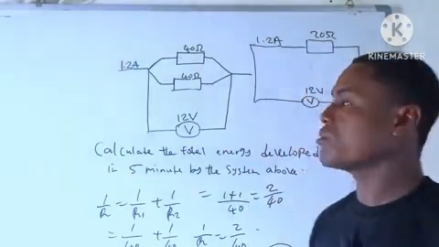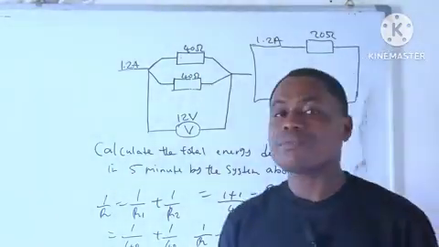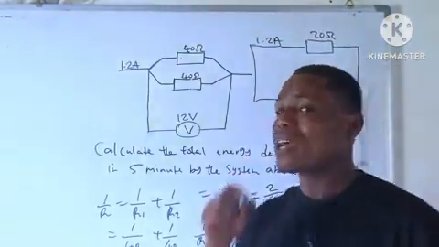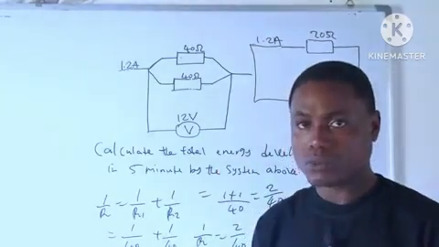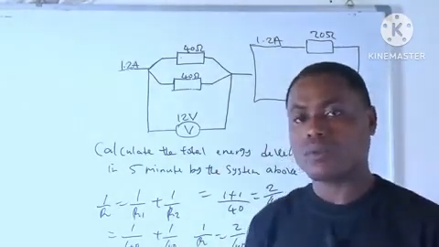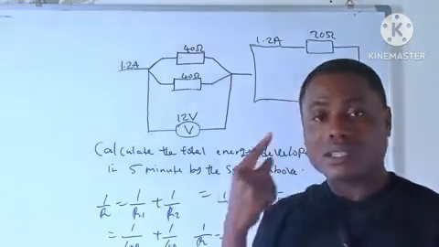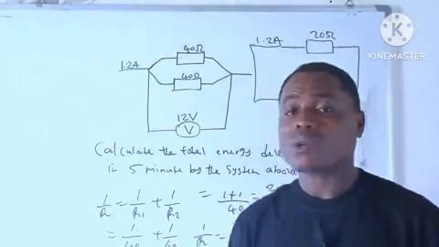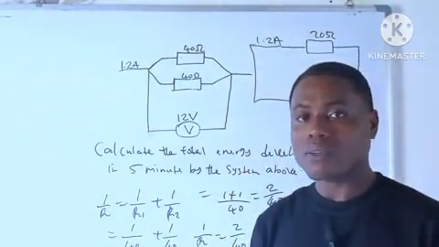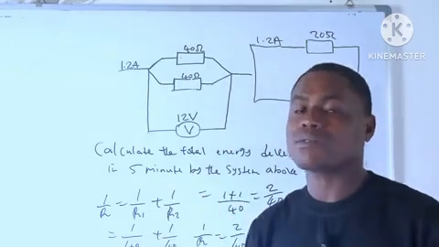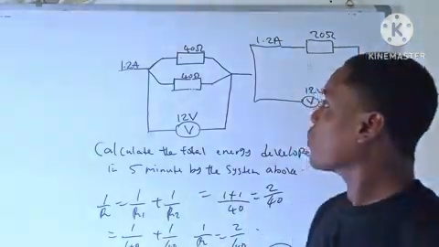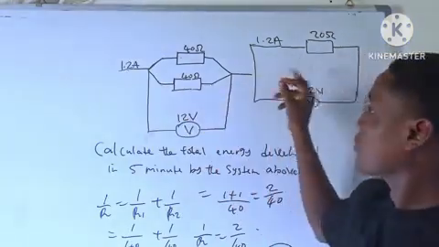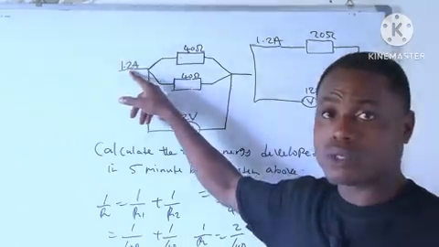Whenever you are given a physics equation to calculate, the first thing to do is what? Is to write out the given values so you can know the formula to use. Are you getting it? What I said, whenever you are given a physics equation to calculate, first of all, write out the given values so you will easily identify the formula to use. Now, from this diagram, you are given what?